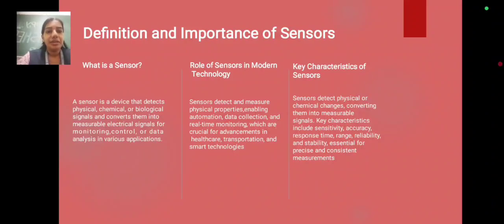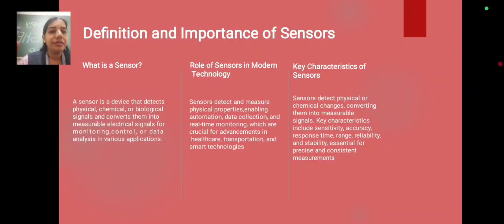Role of sensors in modern technology. Sensors detect and measure physical properties, enabling automation, data collection, and real-time monitoring, which are crucial for advancements in healthcare, transportation, and smart technologies. There are some key characteristics of sensors.